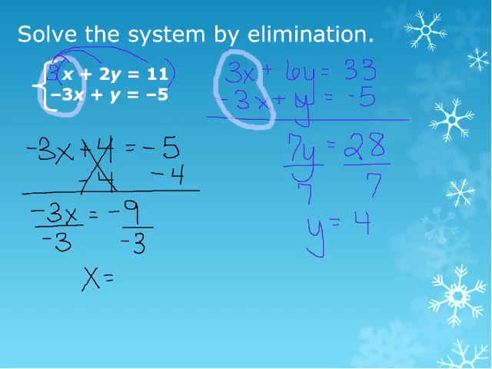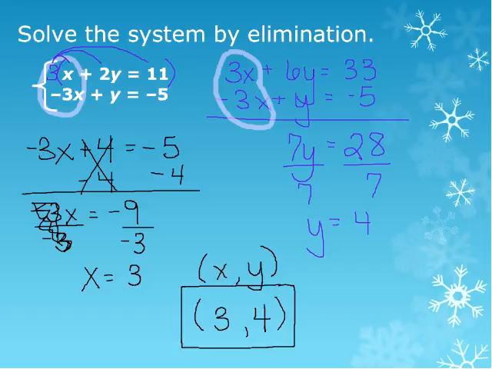So negative 9 divided by negative 3 is a positive 3. All right, so how will I write my answer then as an ordered pair? Perfect. 3, comma 4. So always x, comma y.